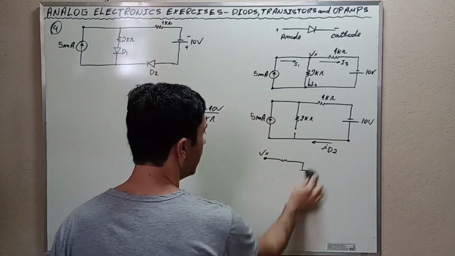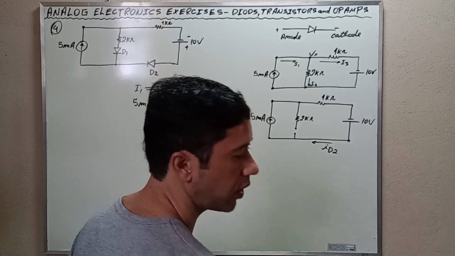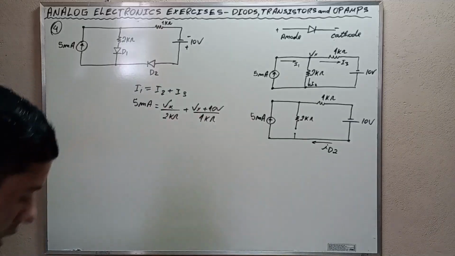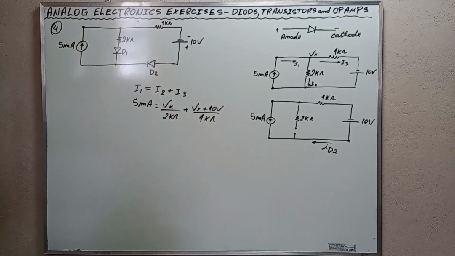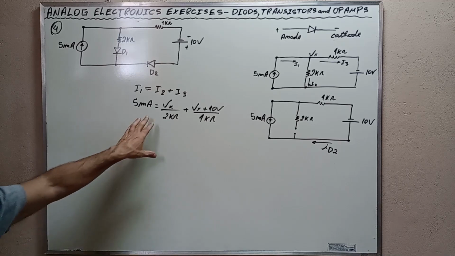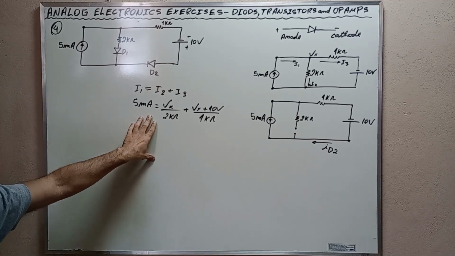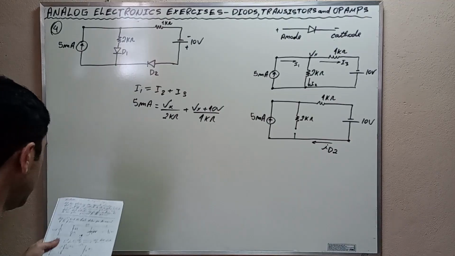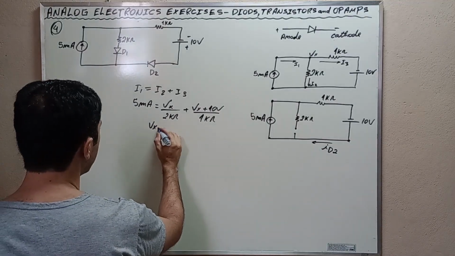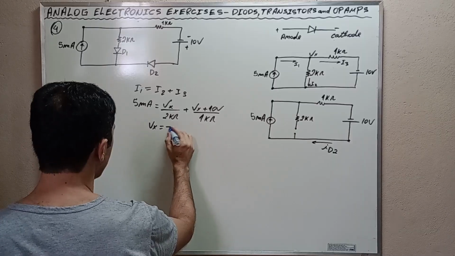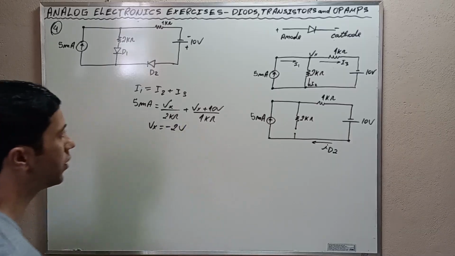Alright, my friends, this is the nodal rule that we are going to use to find the value of the currents. In this case, we want the value of Vx. And if we work on this, it's simple mathematics. We find that Vx is equal to negative 2 volts, okay?